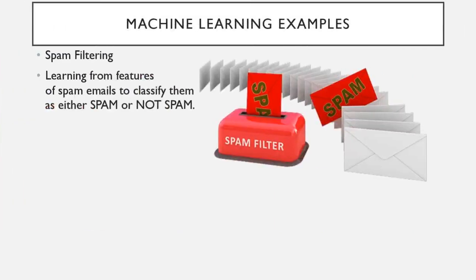Another example that we talk about a lot is training a machine to classify email as spam or not spam. It's a classic example that has been given for a long time. I train a machine based on the features of the email to predict it as one meaning spam, zero meaning not spam.